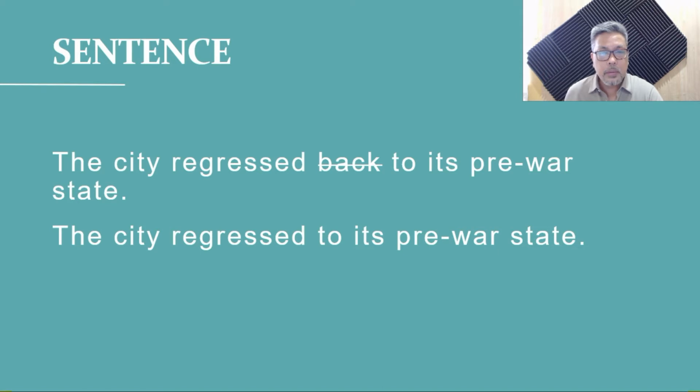Again, the word back there is stricken out because it's redundant. It means you don't have to use that anymore in order to communicate what you're trying to say. So the correct sentence would be, the city regressed to its pre-war state. It means that the city went back to its pre-war state.